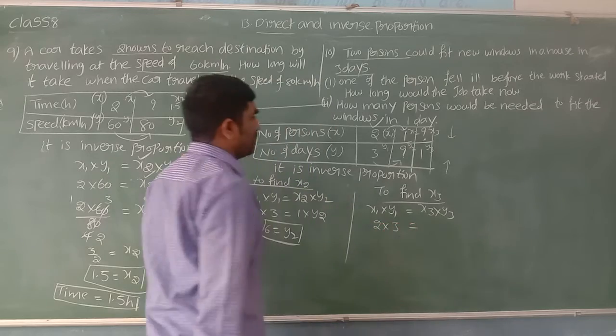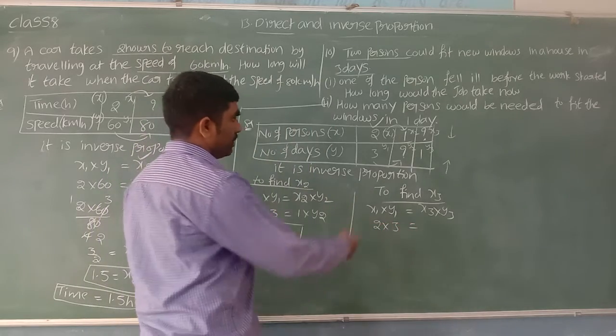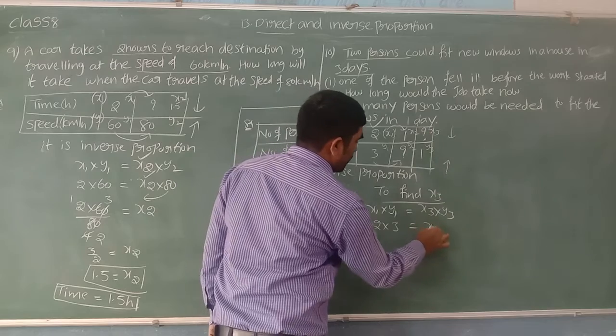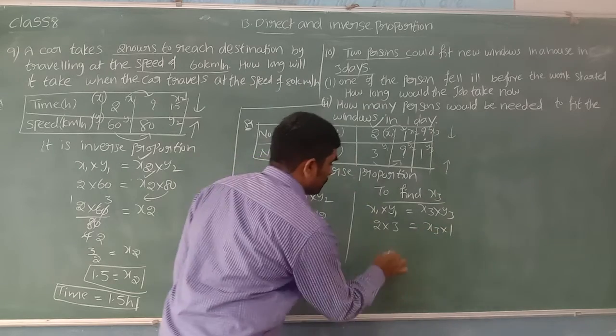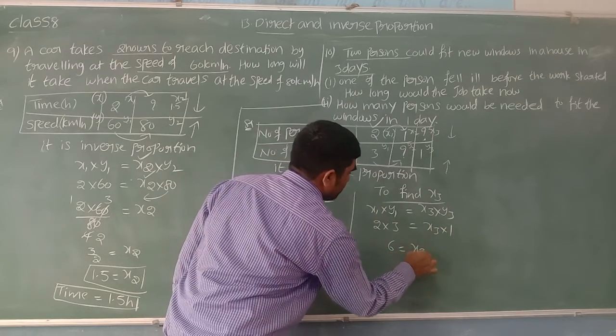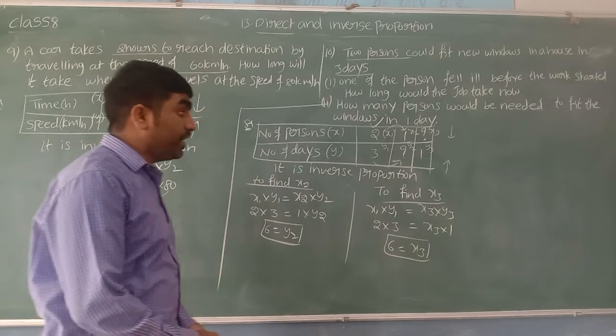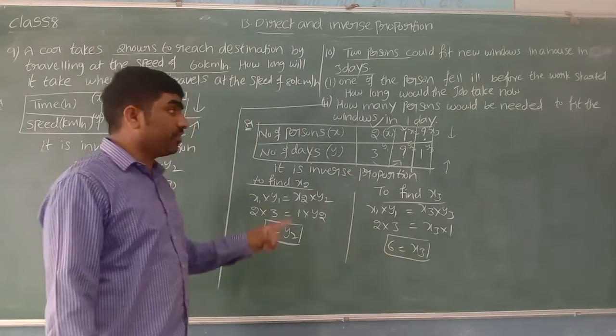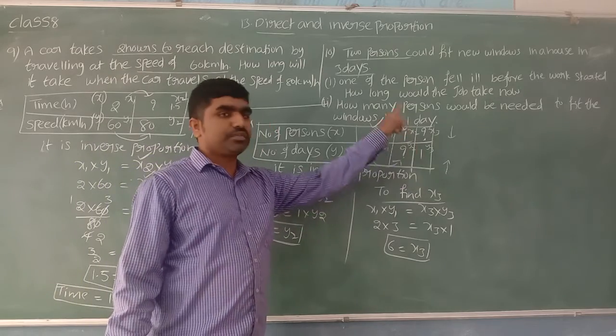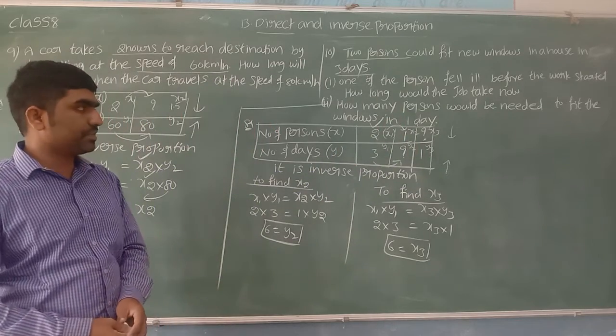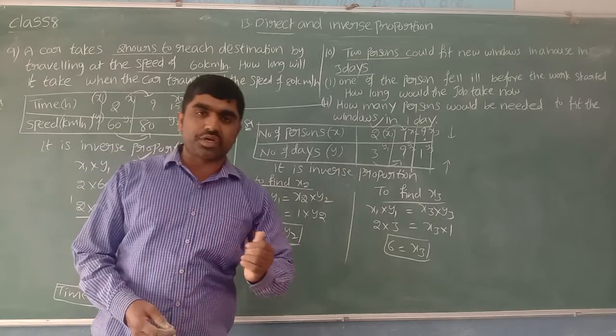And x3 we have to find, into y3, which is 1. 2 threes are 6 is equal to x3. What is meant by x3 here? The number of persons. How many persons are required? 6 members. To complete the work within one day, we need 6 members. Hope it is clear to all.